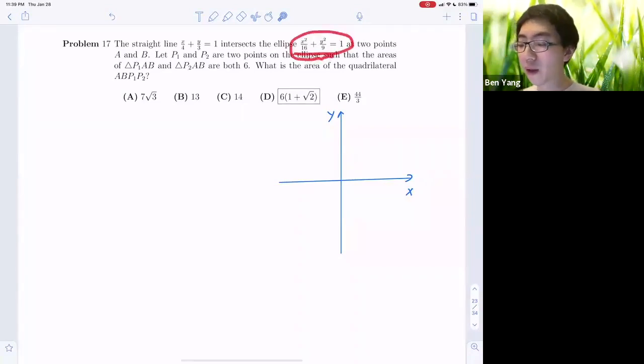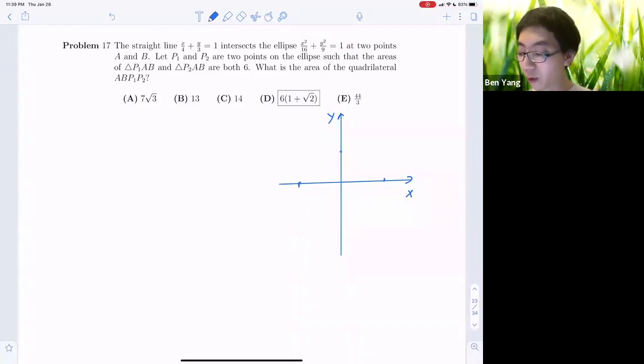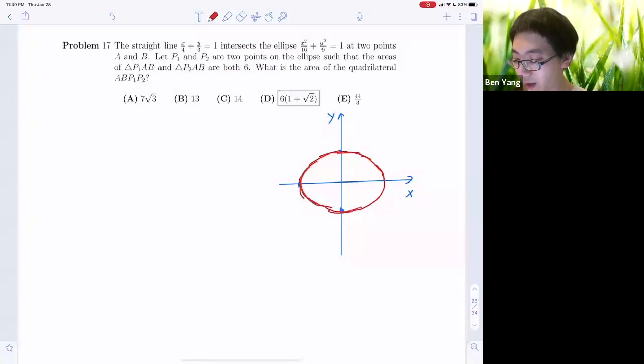For example, (4, 0), (negative 4, 0), (0, 3), also (0, negative 3). So the ellipse should look like this one. Something like that.